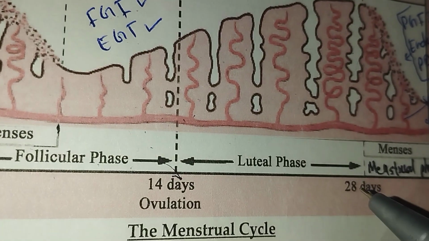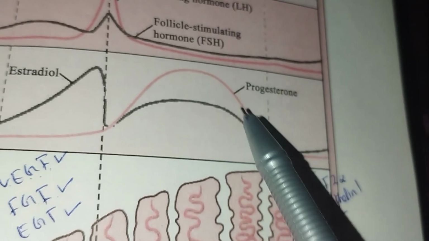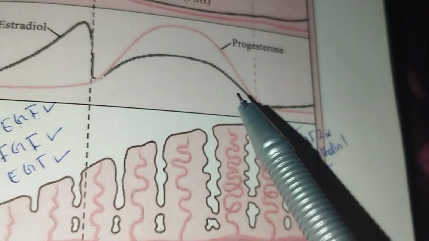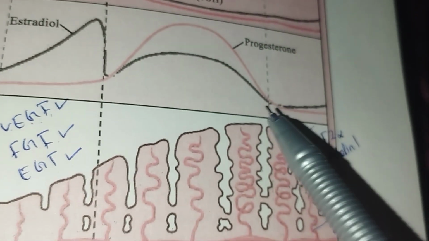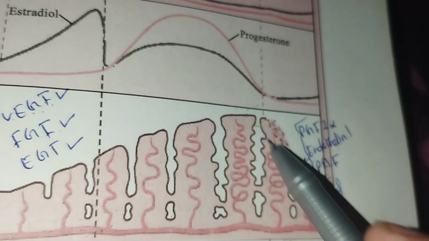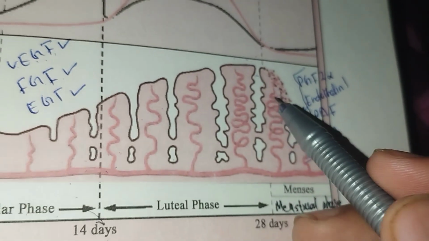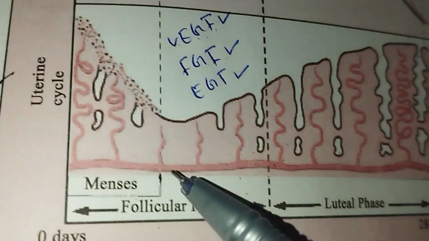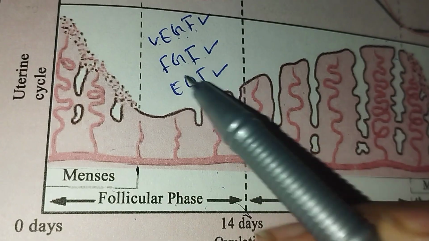The length is the same, 28 days, but the first phase is the menstrual phase, which occurs after the ovarian cycle. You can say the uterine cycle occurs after the ovarian cycle. Here the ovarian cycle ends, and here the uterine cycle starts. There is a degeneration of the layer, and now there is production and regeneration of the layer under these three factors by estrogen.